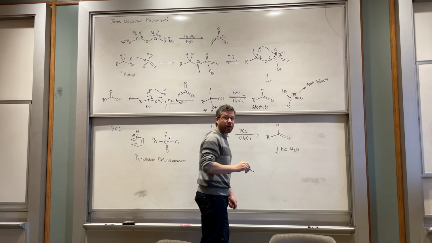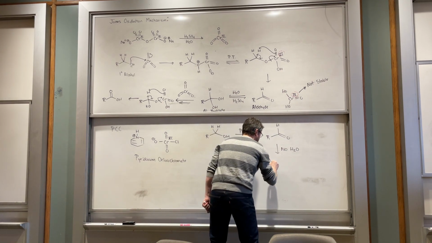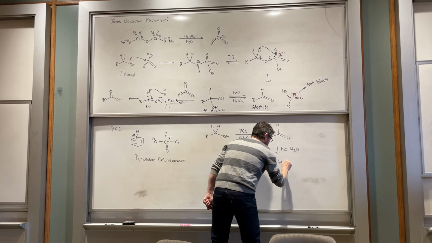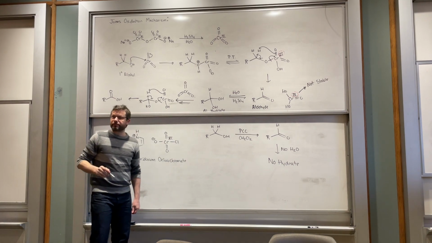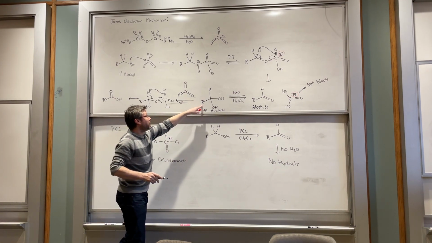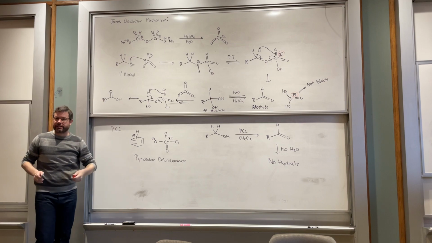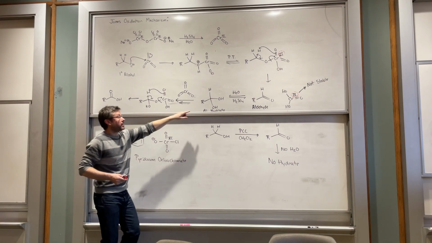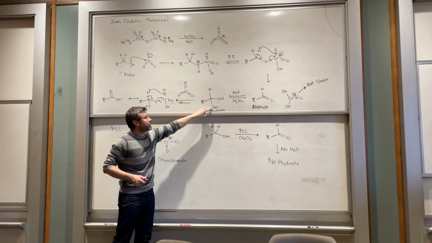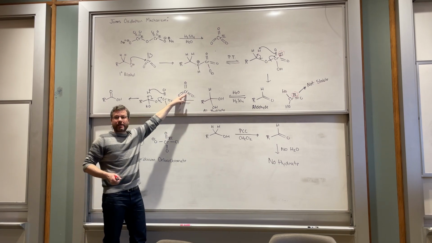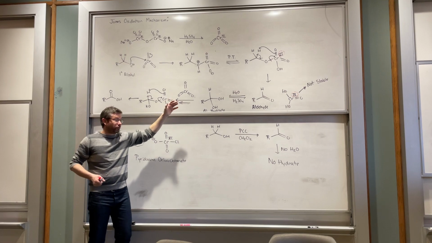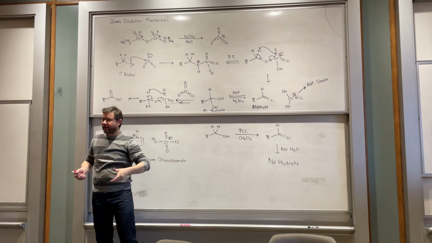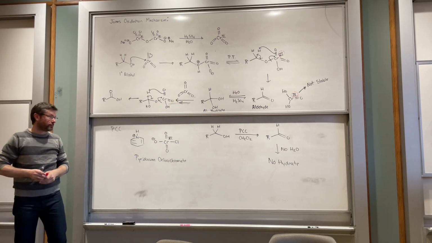There's no water in this reaction. So no hydrate can form. And if no hydrate can form, that second oxidation is not going to take place, because in order for the second oxidation to take place, we need one of the hydroxy groups from the hydrate to add to the chromium trioxide. And if we're not forming that hydrate, then we don't have to worry about that second oxidation.